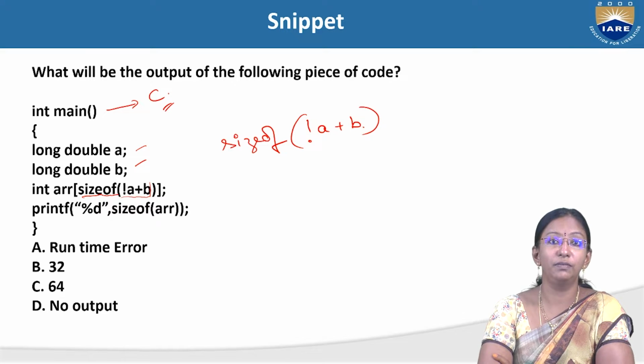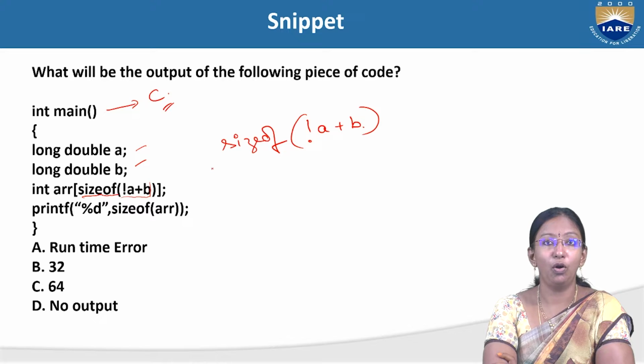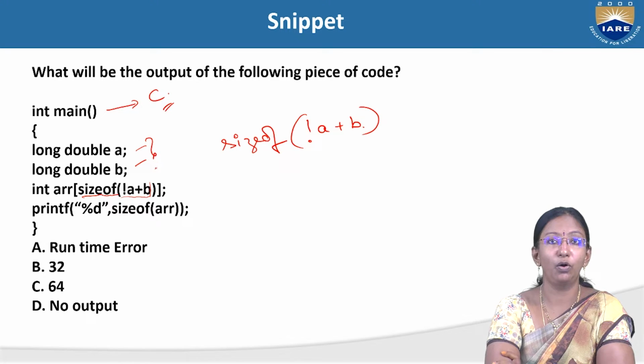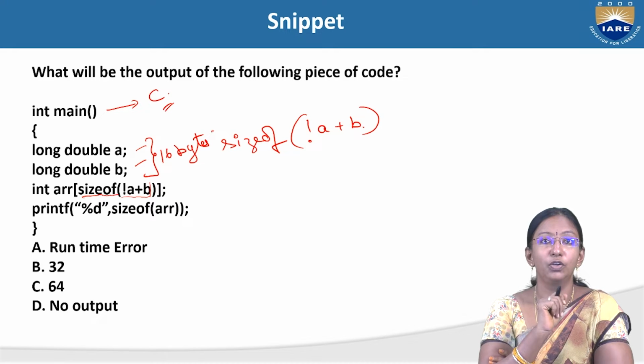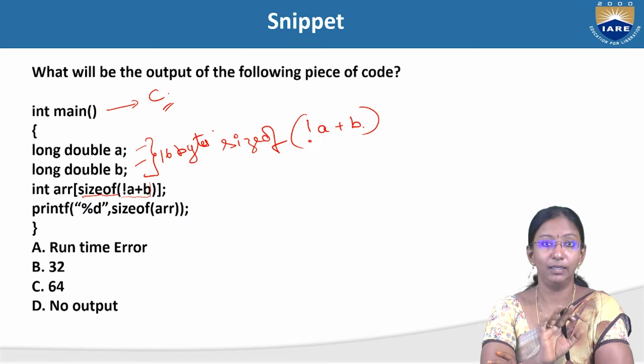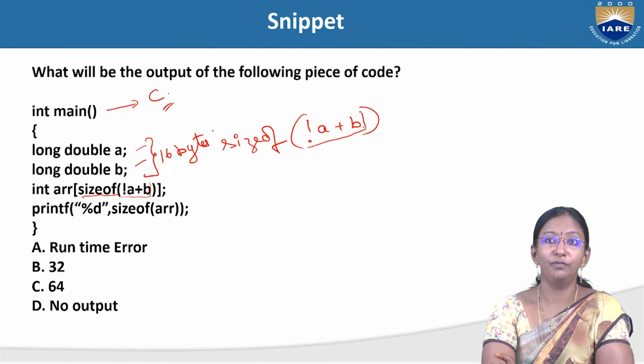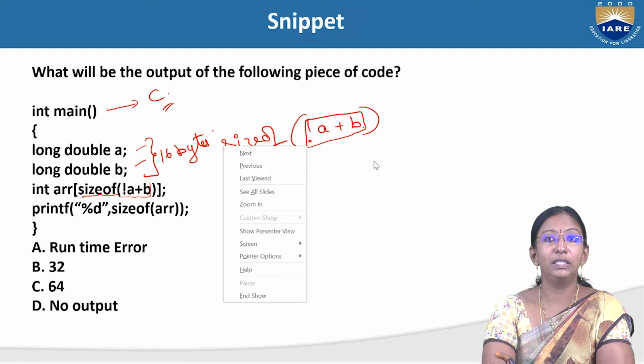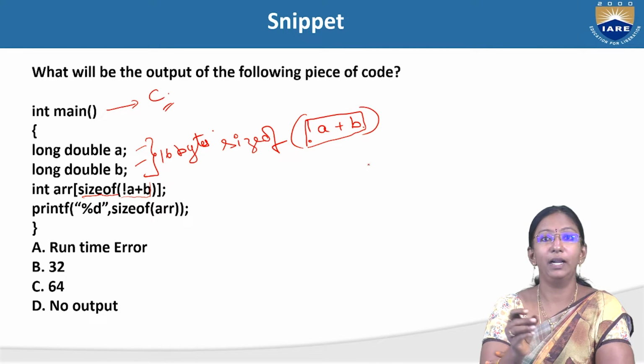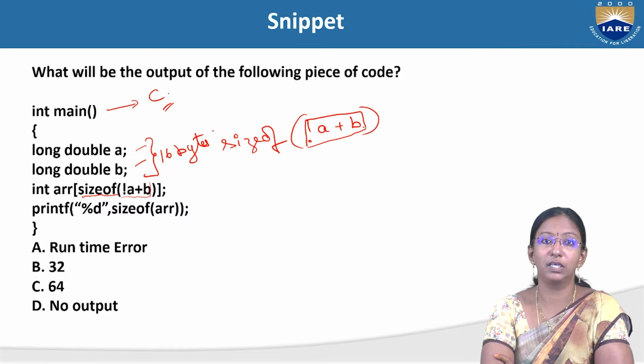It relies on the variable's data type. You can see that A and B both are of data type long double, and long double occupies 16 bytes. So A is going to occupy 16 bytes and B is going to occupy 16 bytes, right? So whatever expression you have within the sizeof function, the result will be long double and its size will also be 16.